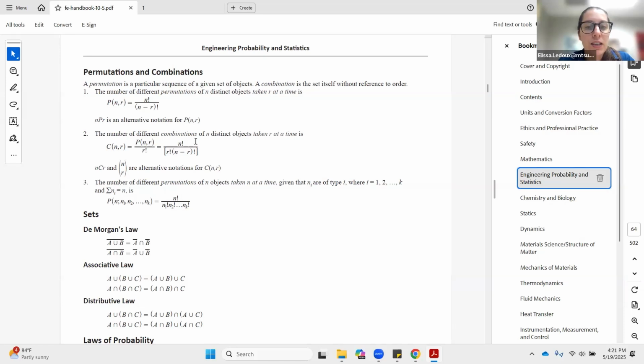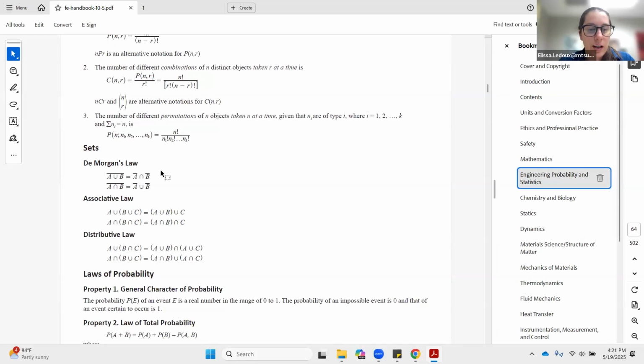And then a combination is how many distinct combinations of objects taking a certain amount at a time. So this is n factorial over r factorial times (n minus r) factorial if you're doing a combination. If you're doing a permutation, so just how many different possibilities, not necessarily in groups of a certain amount, you would use this first formula.